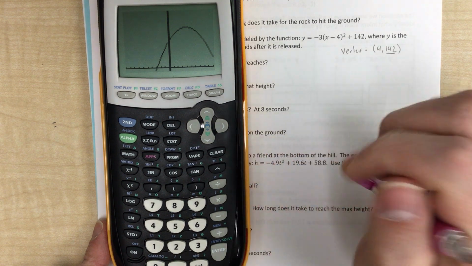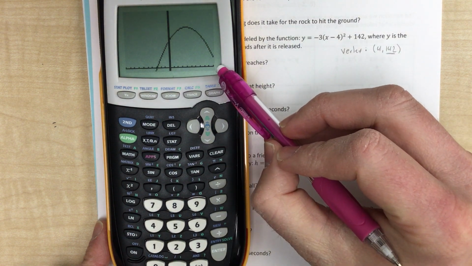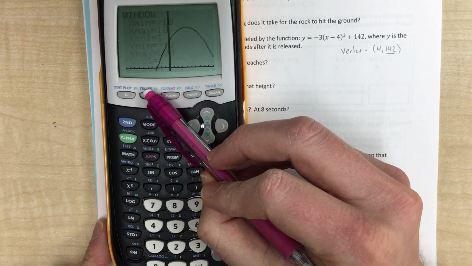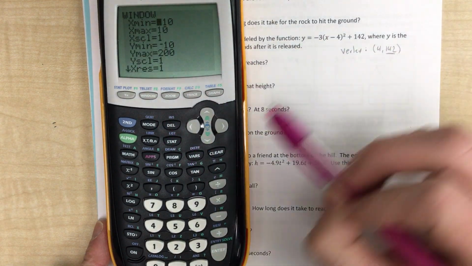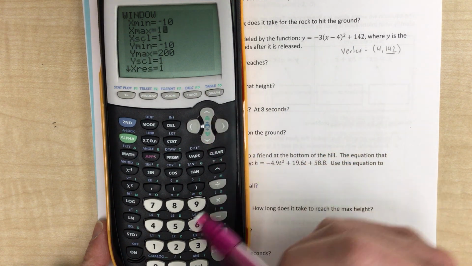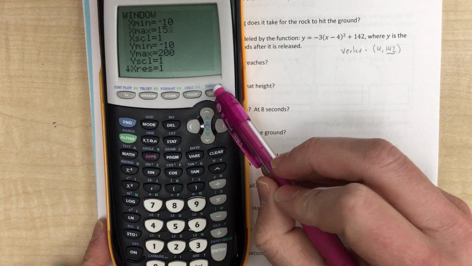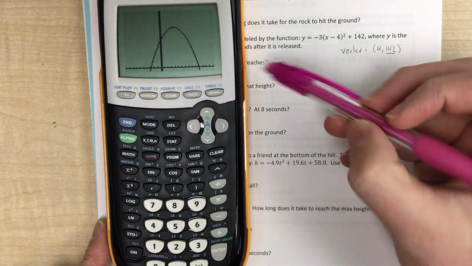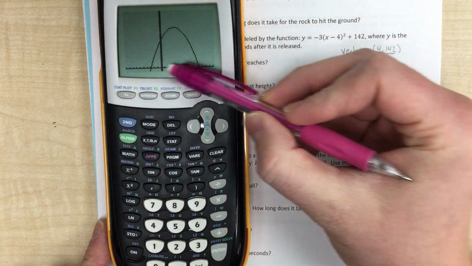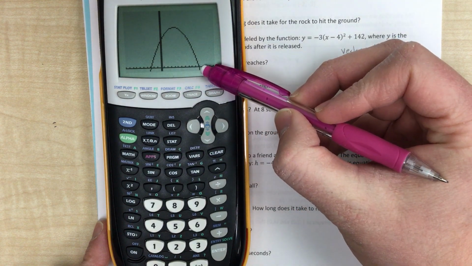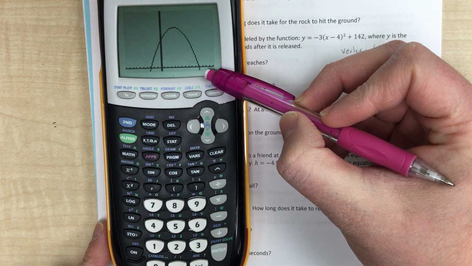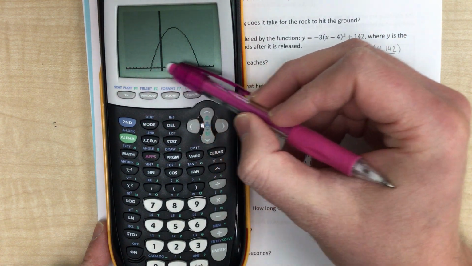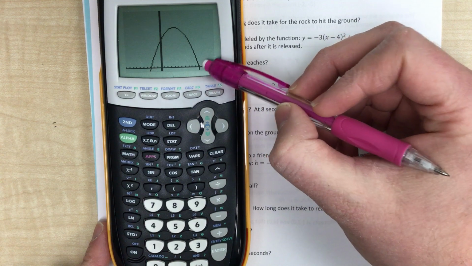But you notice our x-intercept is not on there. So let's change our window again. We're going to need to change our x max. It's at 10, maybe we'll change it to 15. One other thing we're going to change, since our x-intercept is so low on our screen, when we start calculating things, you know how it gives you instructions, it's going to be hard to see it.